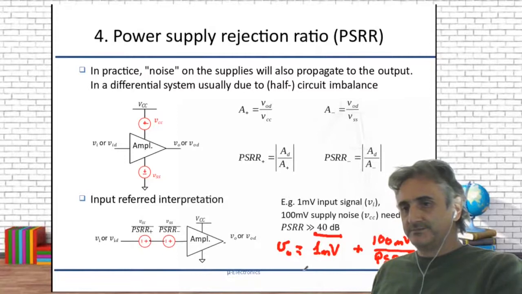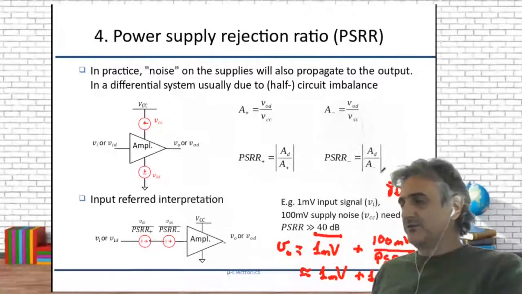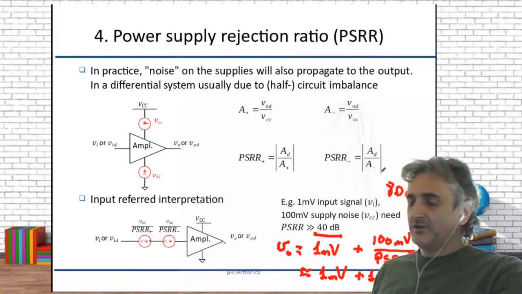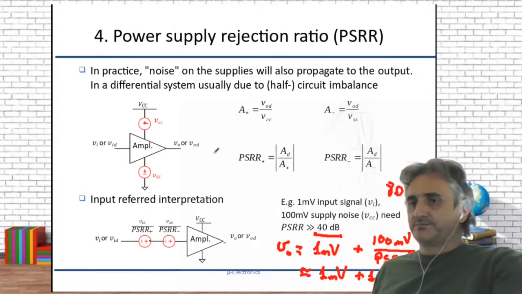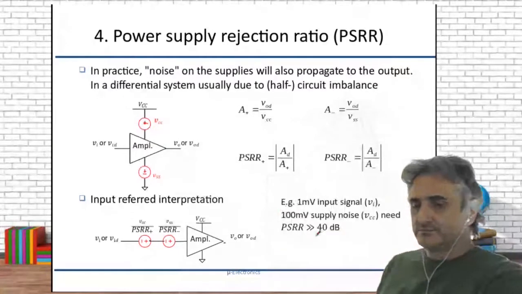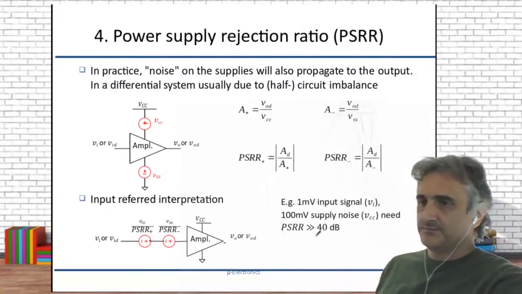So that would be more or less a 1 millivolt signal plus 1 millivolt noise. So in order to get something useful, our PSRR should be probably higher than 80 dBs in order to get less than 1% of noise.